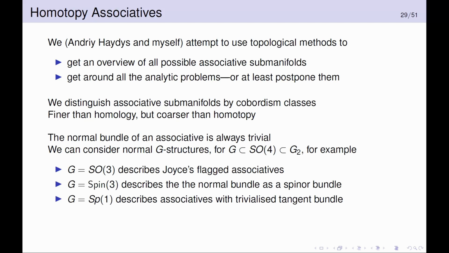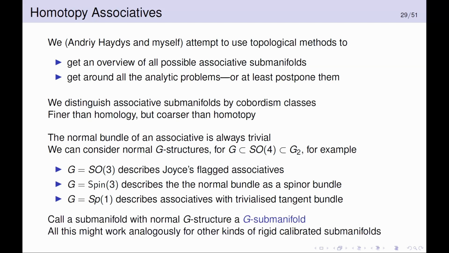That's why I called one Spin(3) and the other one Sp(1). One structure would describe the normal bundle as a spinor bundle for the associative, and the other one would describe the normal bundle as if we had fixed the trivialization of the tangent bundle of the associative. So this is quite complementary.